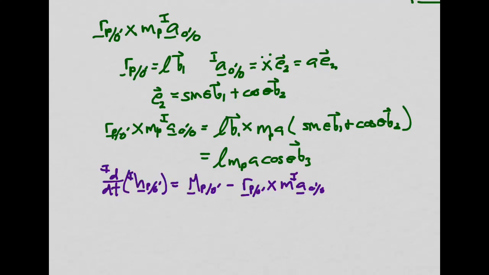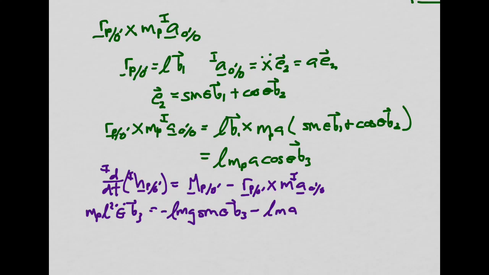And so now we plug each of these terms into our overall expression, where we get the mass of point P, L squared theta double dot in the b3 direction is equal to negative mg sine theta in the b3 direction minus L m a cosine theta in the b3 direction.